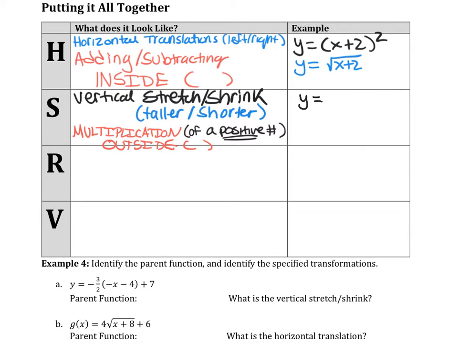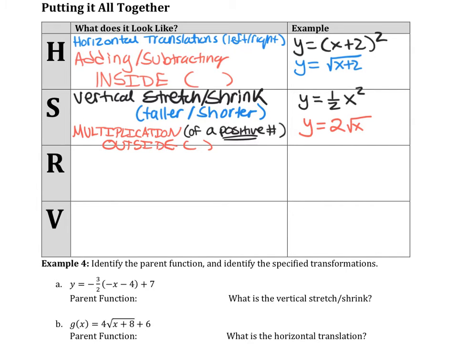So outside of the parentheses just means there's no parentheses grouping it together inside the function. So being squared or square root or absolute value. So if we had like 1/2 x squared, there's no parentheses grouping the 1/2 and the x together. So that 1/2 is not being squared. It would be on the outside. Or if we had y equals 2 square root of x.